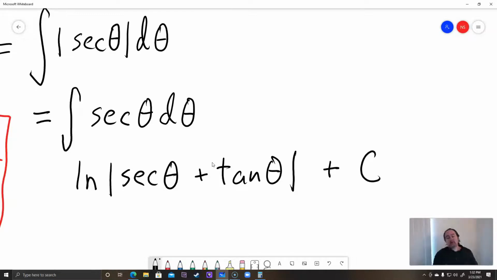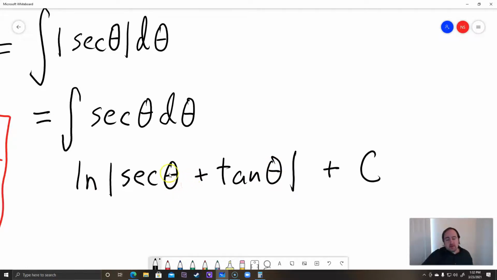And this absolute value you can't get rid of, because tangent of theta could be negative from negative pi over 2 to pi over 2, because the y-coordinate can be negative if you're in quadrant 4. So we leave this absolute value in there, and you might think you're done, but you're not.